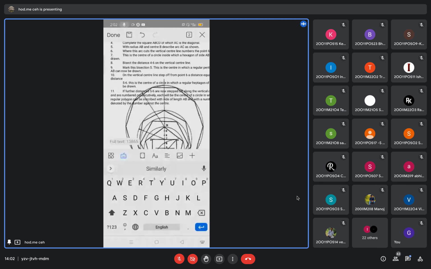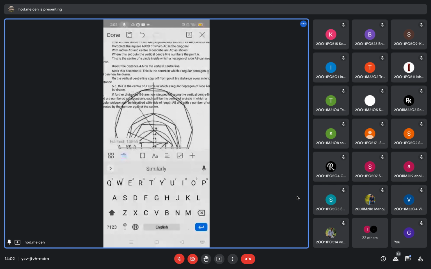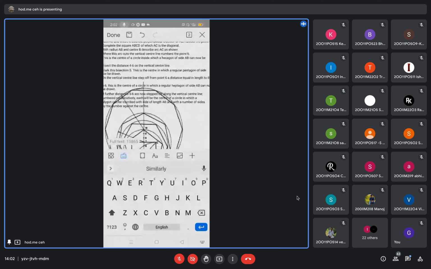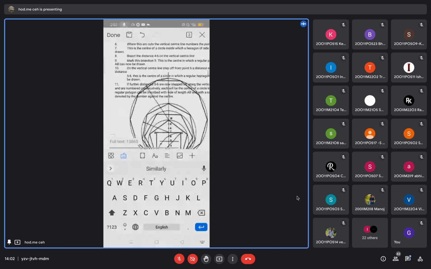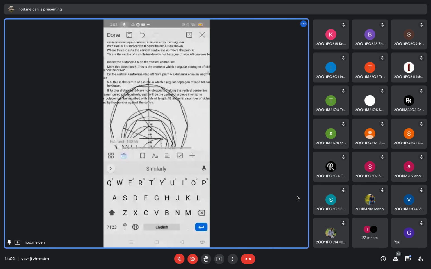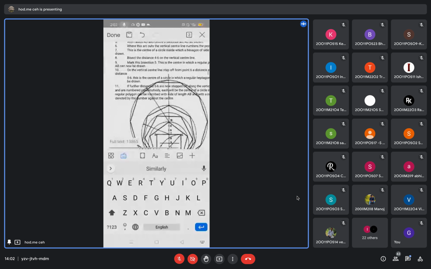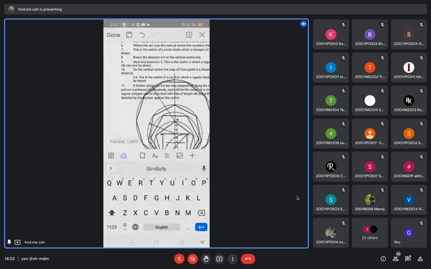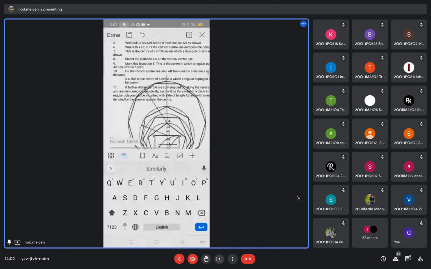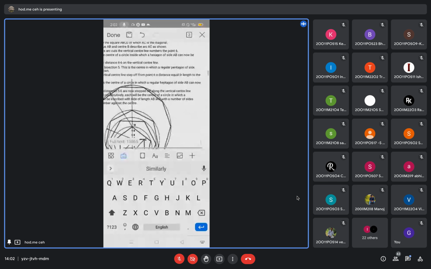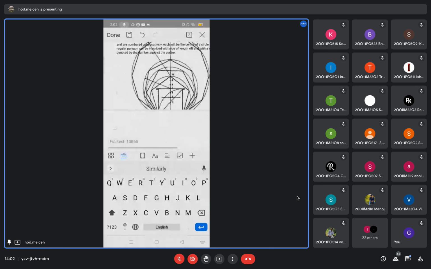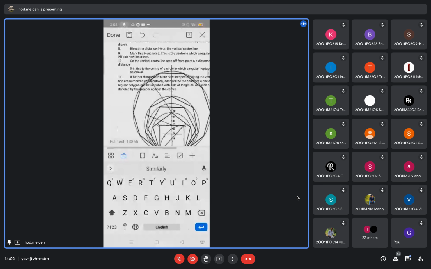See, for the distance 5 6, you know, the step along is half along the vertical center line, and the number of the point will be the center of the circle in which a regular polygon is inscribed. Okay, see the length of AB and the number of sides divided by the number in the problem there. Okay, see this is a problem.